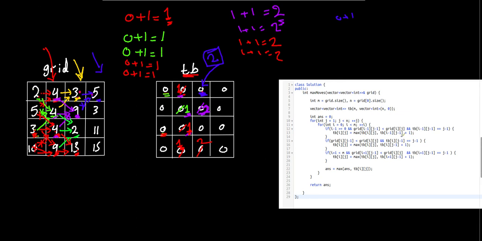This is why we check if the value in the table equals j minus 1. So this is 0, this does not equal j minus 1, this should equal 2 to take it. Now it's 0, so we skip it.